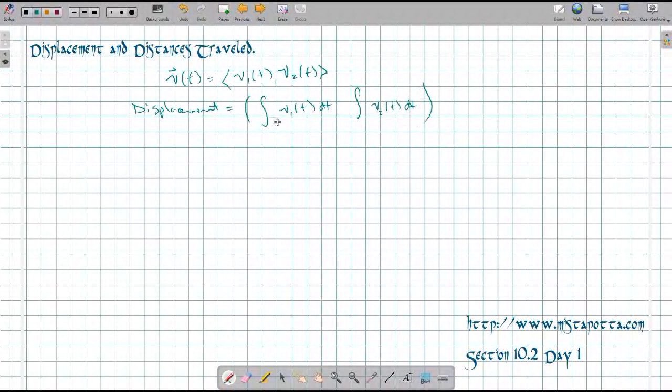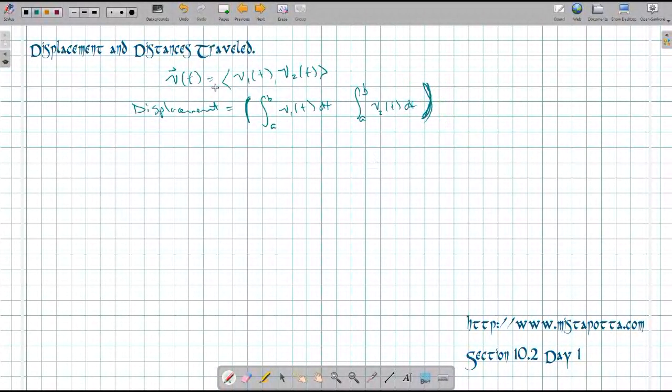What's important to note is that as I'm going from time A to time B in both of these quantities, this tells me how far I've displaced myself from position A to position B. And what's also important to note is that these are points, not vectors. These are locations.